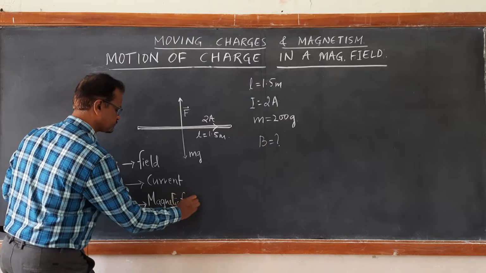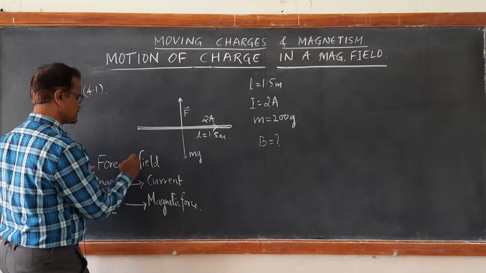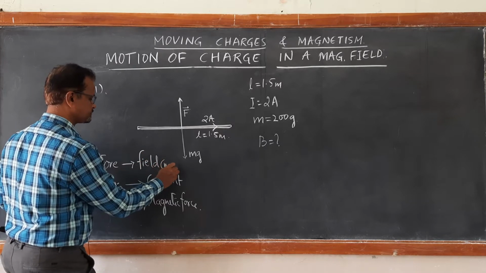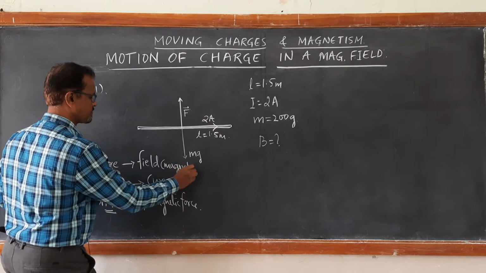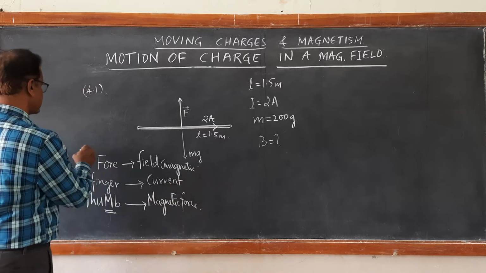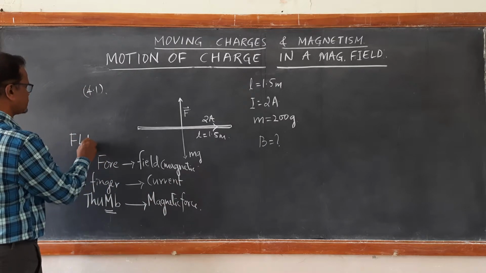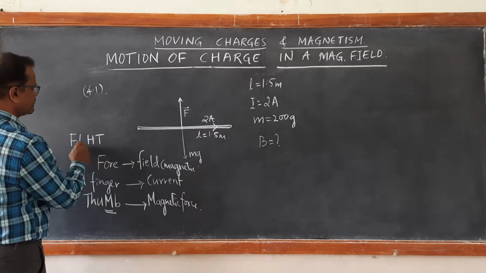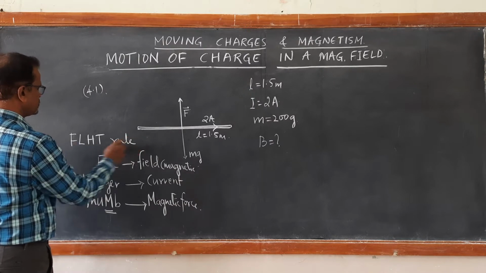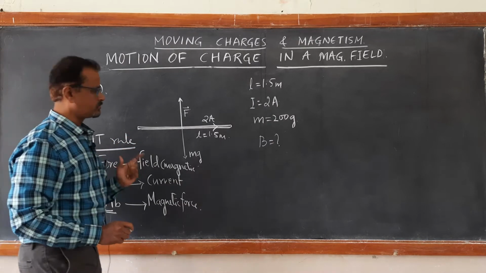And this field is the magnetic field. So, this is Fleming's left hand thumb rule, the FLHT rule.